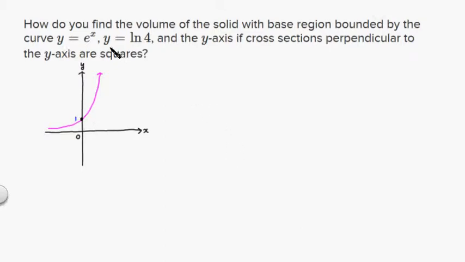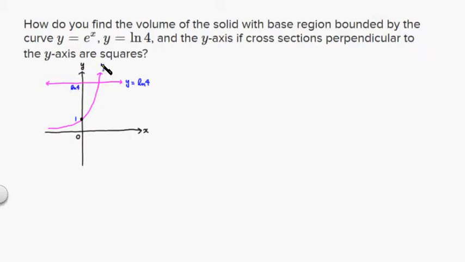And y equals natural log of 4 is just a horizontal line at the natural log of 4, so this is y equals natural log of 4. Right, so here, natural log of 4, right there.